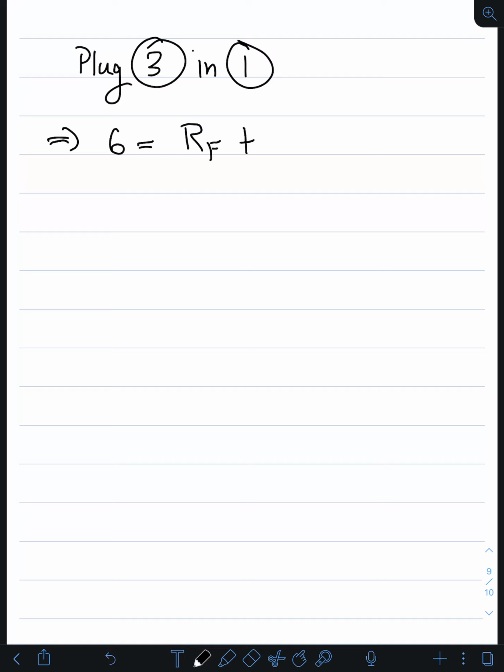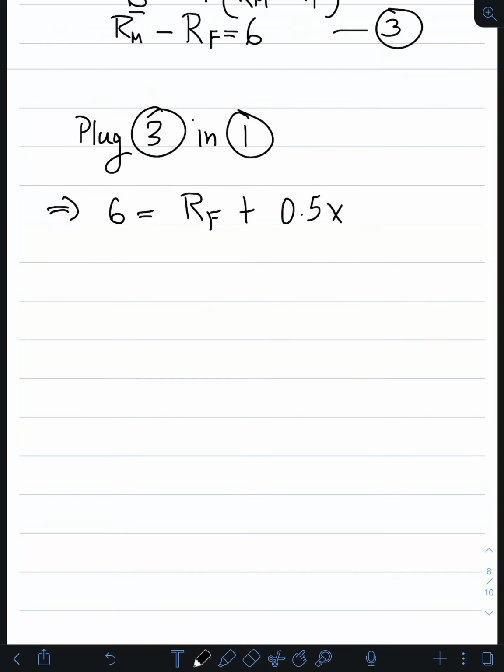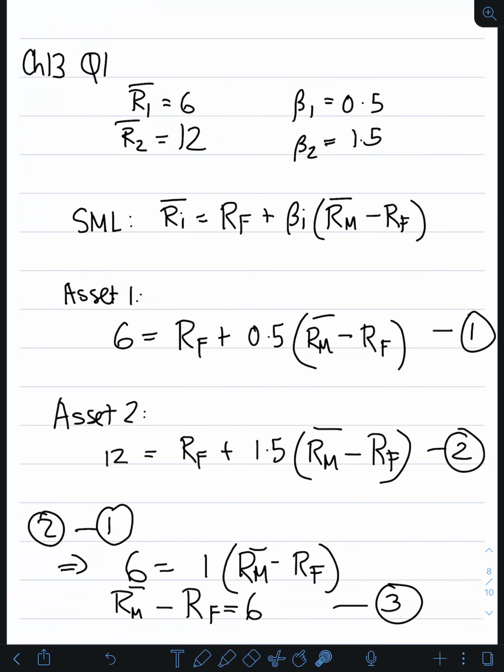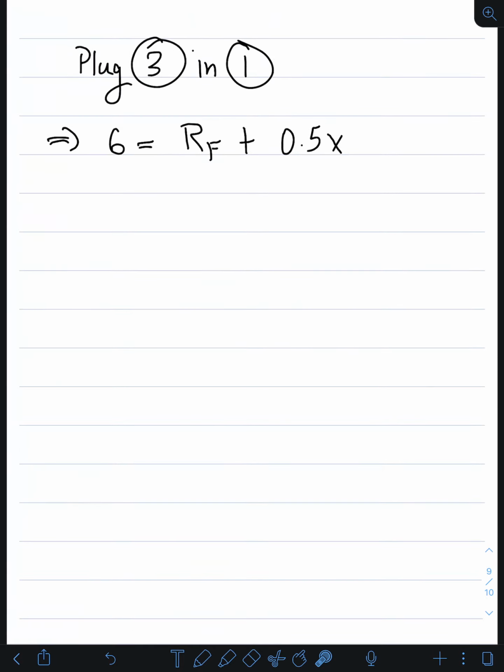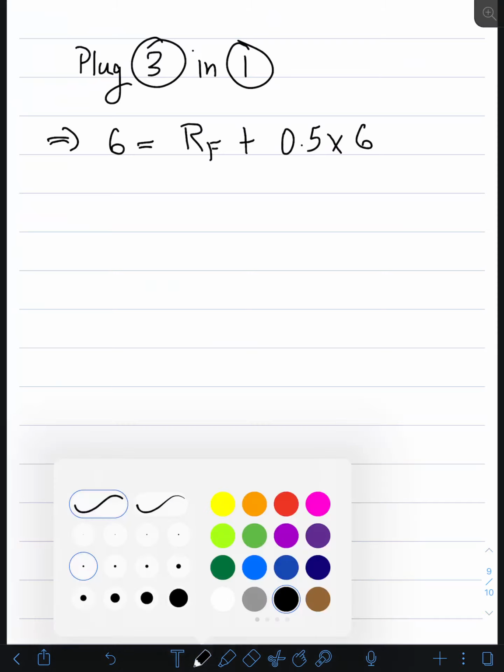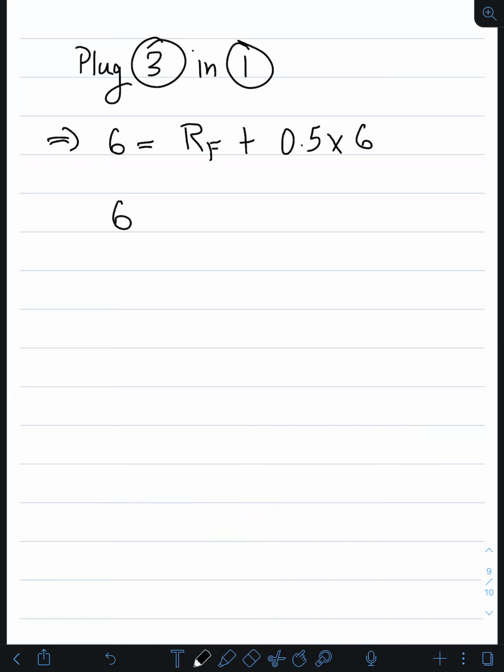Beta is still 0.5. But now we know this whole RM minus RF term, we just found it to be 6. So 6 equals RF plus 0.5 times 6, which is 3. So RF equals 6 minus 3, which is 3.